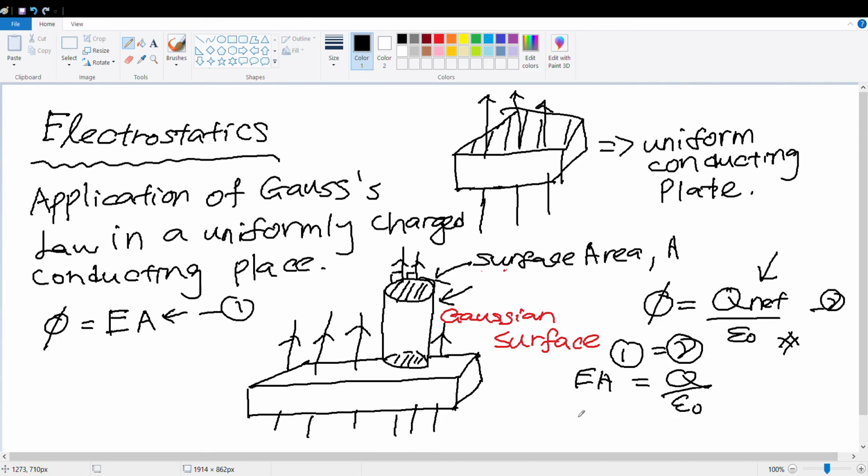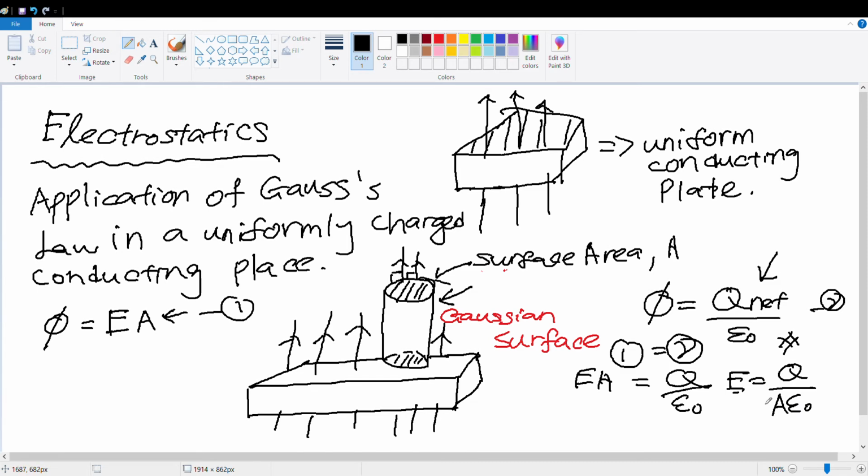So for the electric field strength, E is equal to Q over A epsilon naught.